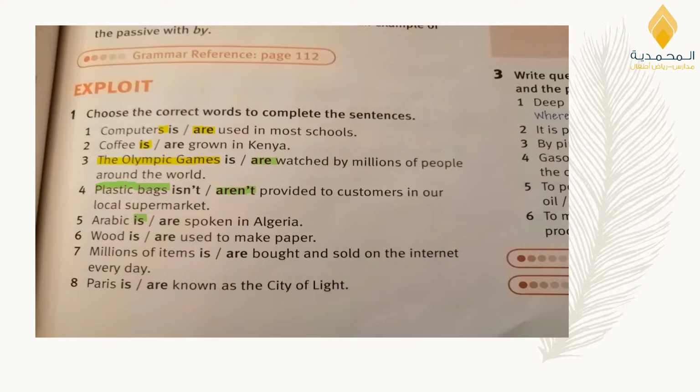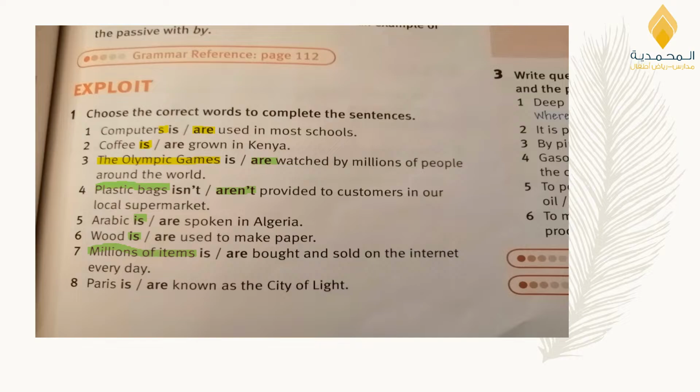Wood. Countable or uncountable? It's uncountable. And by here we mean wood is or are used to make paper. Yes, wood is. Millions of items is or are.